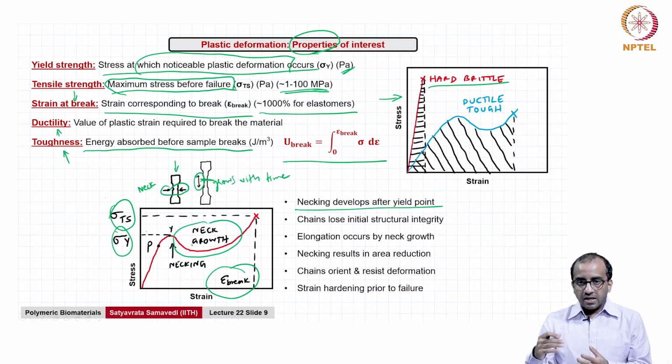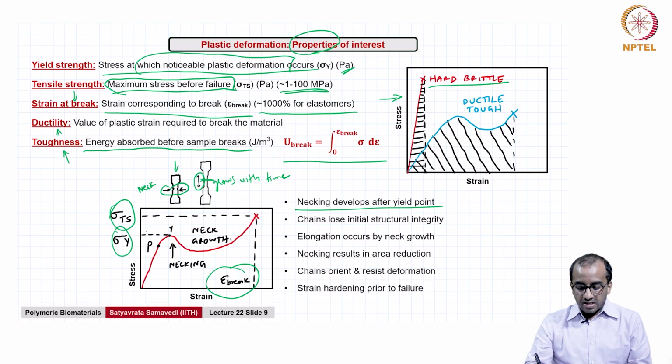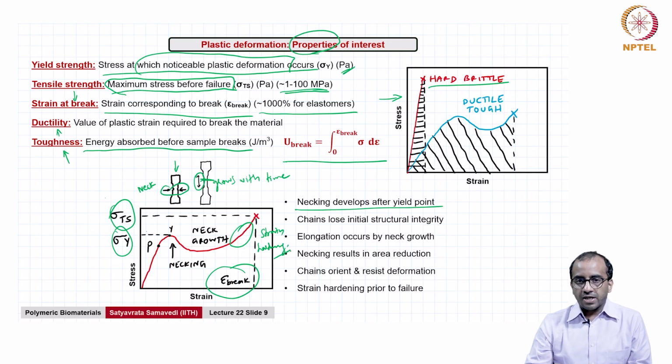And this necking is going to result in an area reduction, but once you have gone to fairly high deformations, these chains start to reorient again and resist deformation. So, you get some kind of strain hardening behavior here. Why, etc., we will see when we look at molecular mechanisms in just a bit, but these are some important aspects to note, at least qualitatively, when you look at a picture like this.